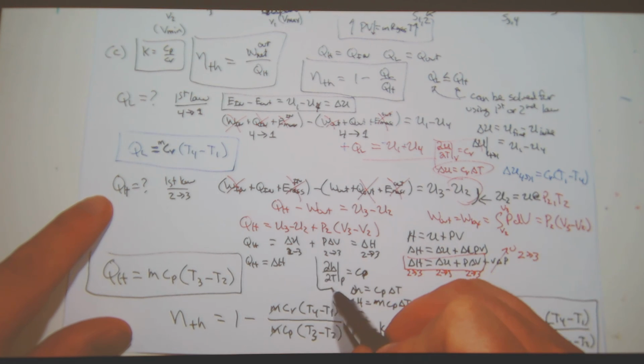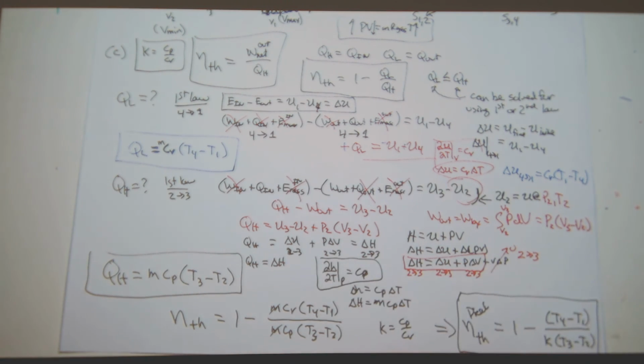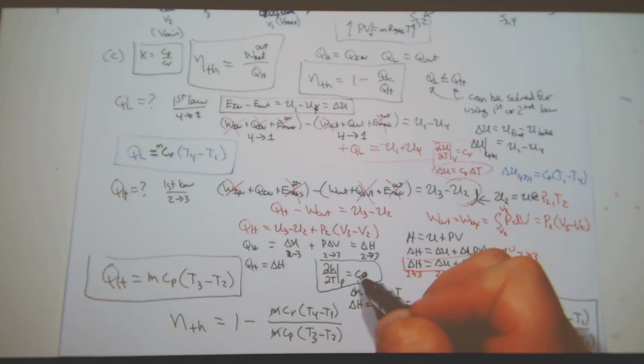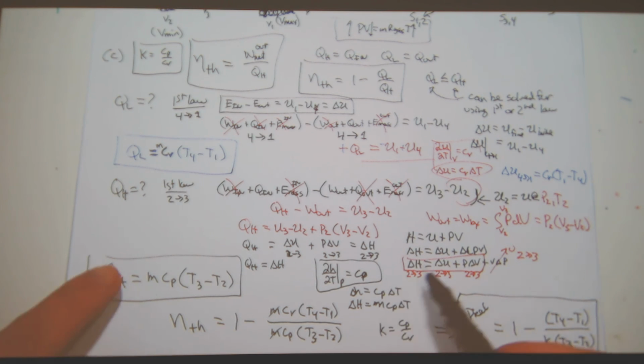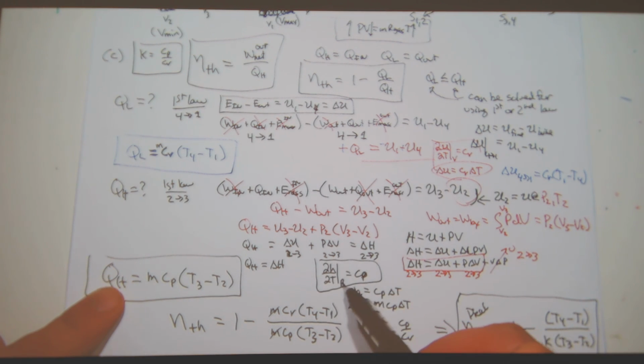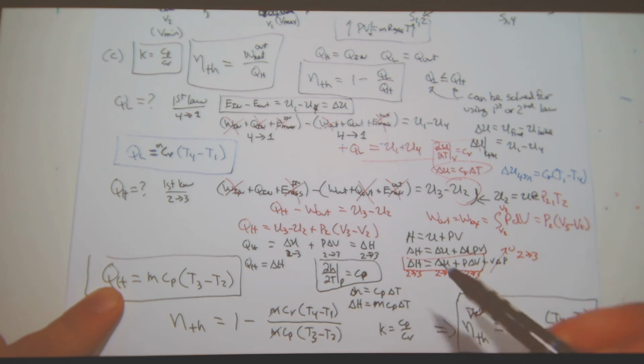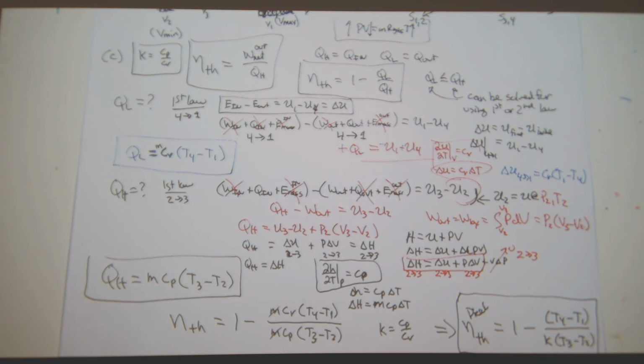So this part right here, that's small h. I could make this a big C too. I like to write it with small h, small p, and then it's delta h equals Cp delta T, but if I want to do big H, I need to account for the mass, which is right there.